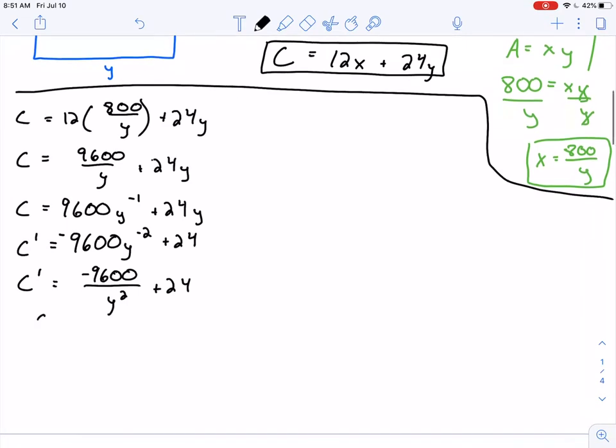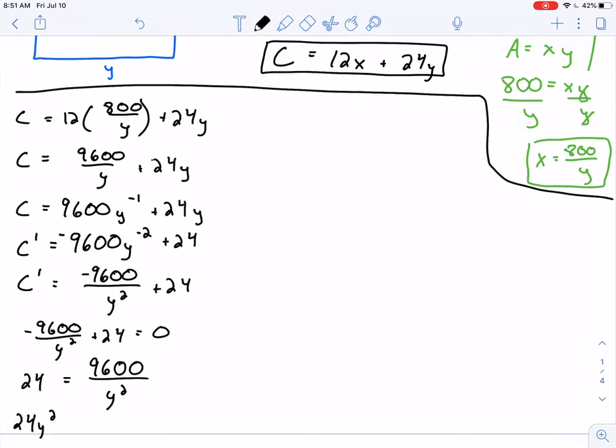So let's do this: negative 9600 over y squared plus 24 equals 0. I'm going to solve this equation for y. I will add this term over to the other side so that I have 24 equals 9600 over y squared. Multiply by y squared, I've got 24y squared equals 9600.